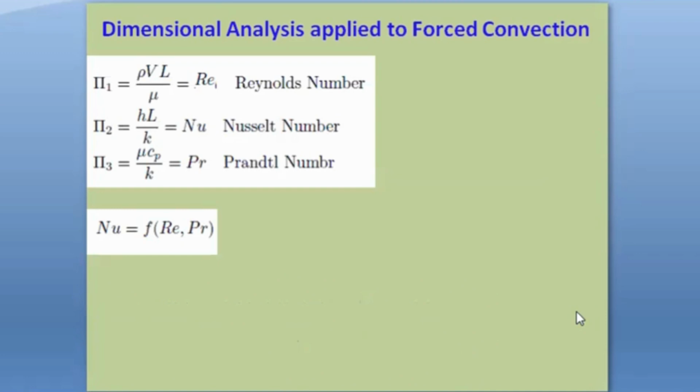So we get 3 numbers: Reynolds number, Nusselt number, Prandtl number.